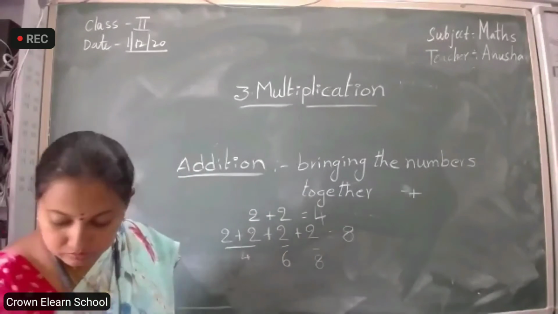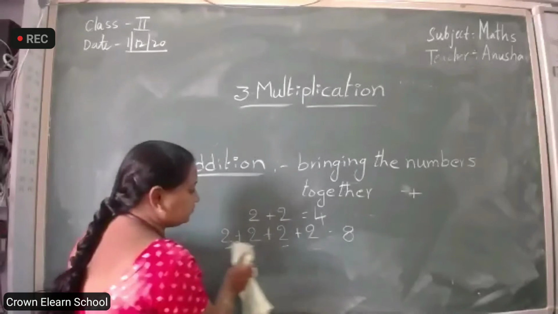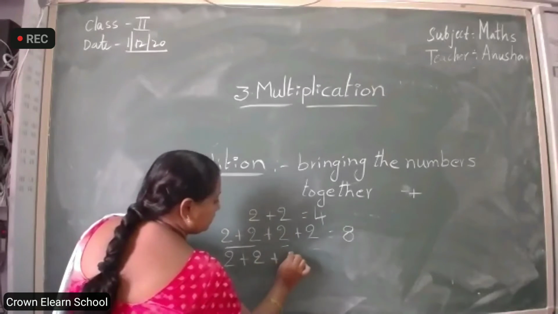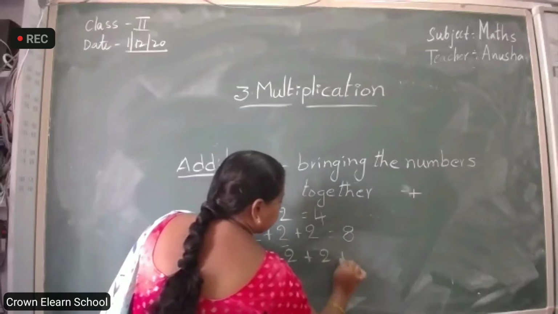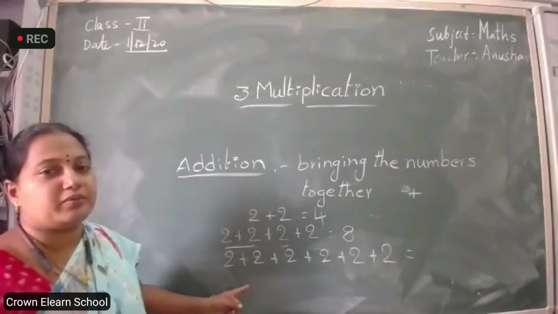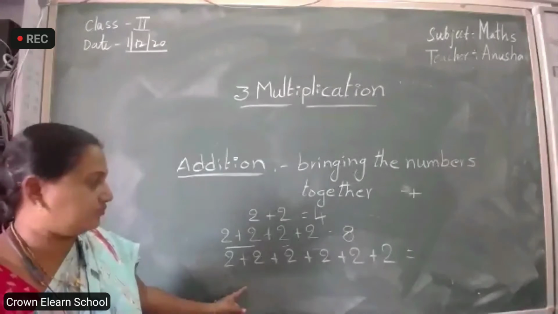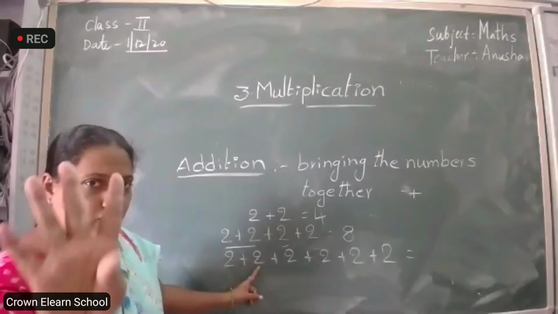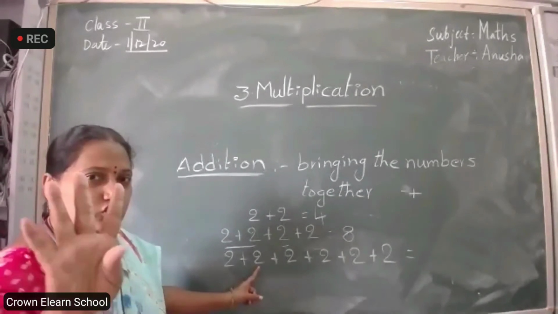Okay. Now, tell me this one. 2 plus 2, 4.